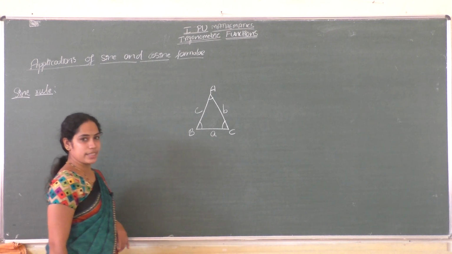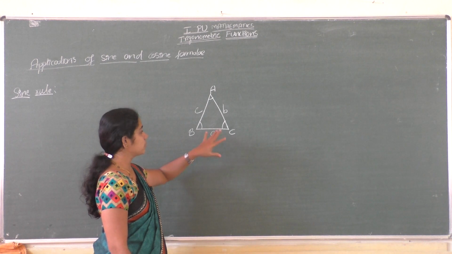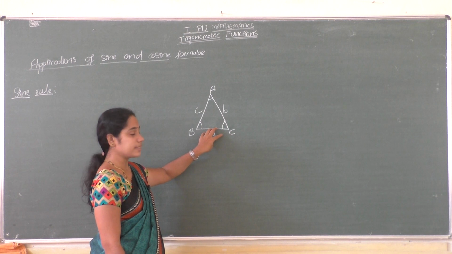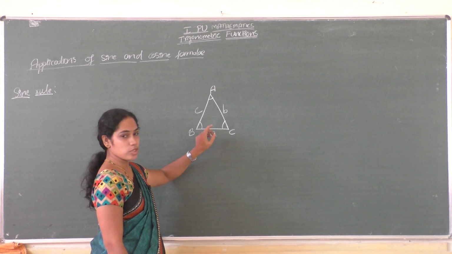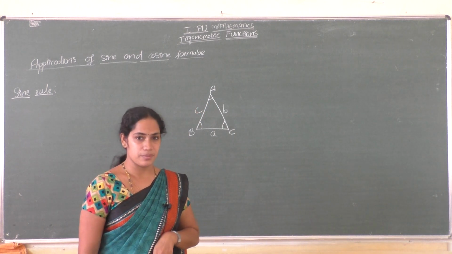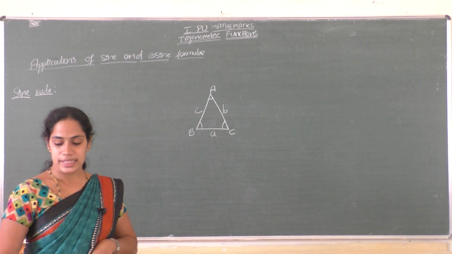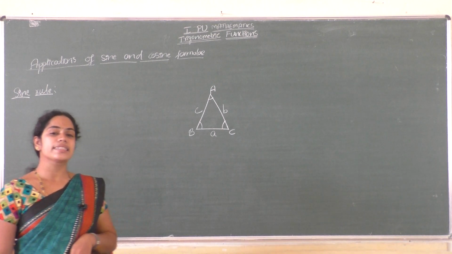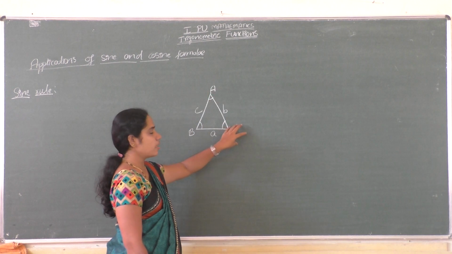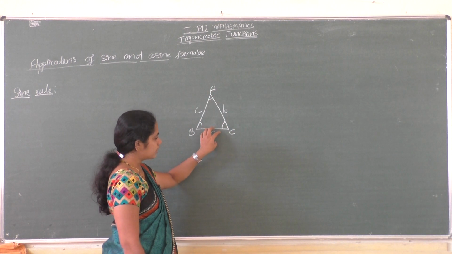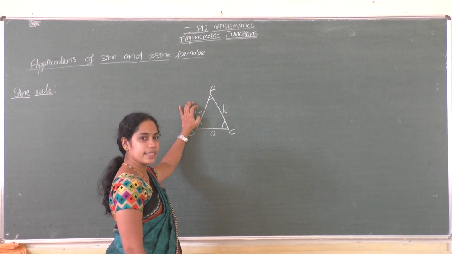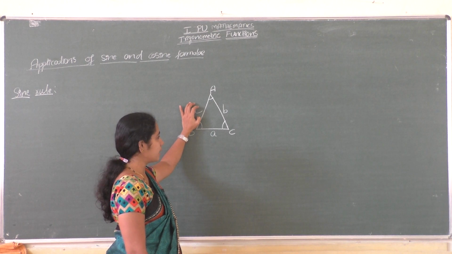Sine rule says that in any triangle, sides of a triangle are proportional to sines of angles. A, B, C are the angles. Small letter a, small letter b and small letter c are the sides of a triangle.